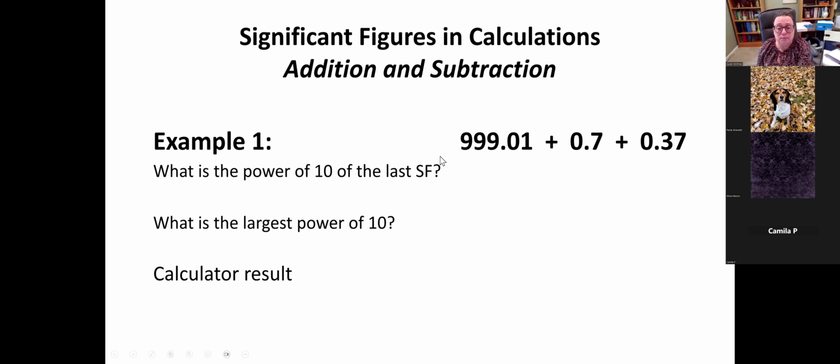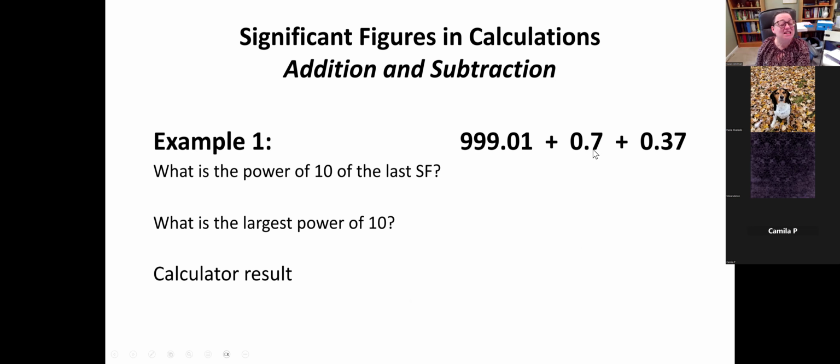So if we look at our first number, 999.01, what digit is the last significant figure? It's the 1, and it's in the hundredths place or the 10 to the minus 2 position. It's in the second decimal place. In our middle number, 0.7, where's the last significant figure here?